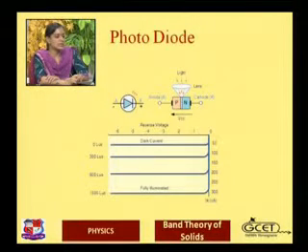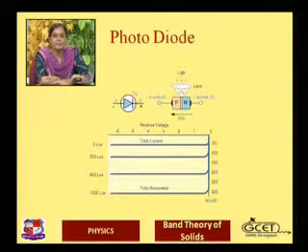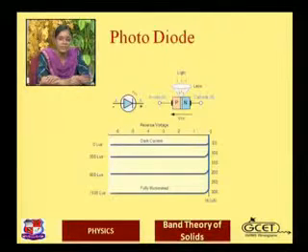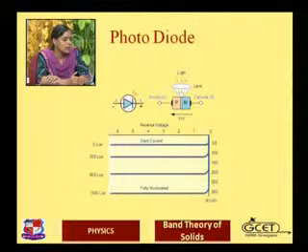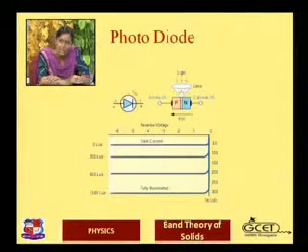And this current is fully dependent on the light intensity. One can see the third and fourth curves. As the light intensity is increased from 0 lux to 300 lux to 900 lux to 1500 lux, the current is increasing. Again we can see that this current is independent of the reverse voltage.